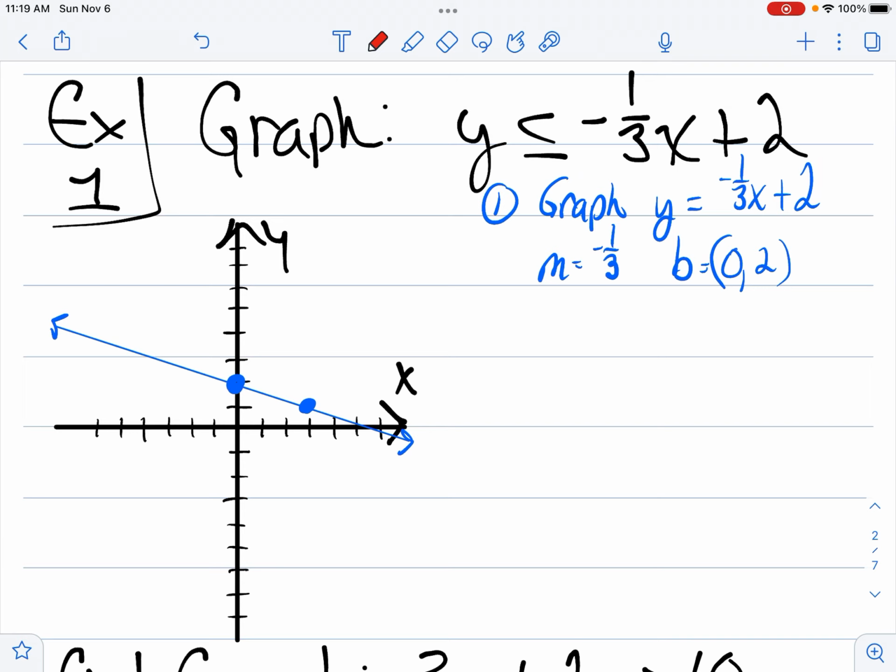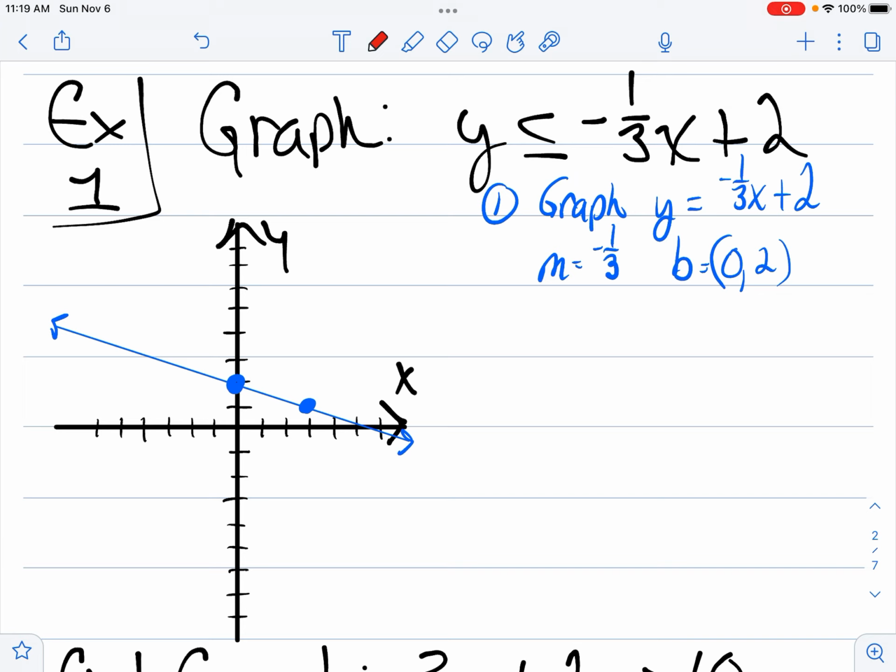Okay, so I hope you guys thought about the point (0, 0), which is the origin, because that would actually be the easiest point to test. If both values are 0, then a lot of the terms will become 0, and it's easier to simplify and it's easier to compare. So when your boundary line does not pass through the point (0, 0), you can use (0, 0) as what we call a test point, or a test ordered pair.